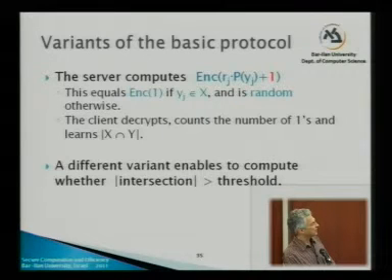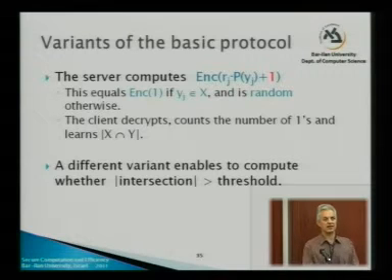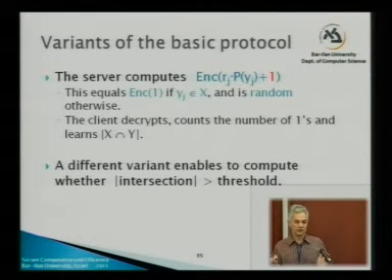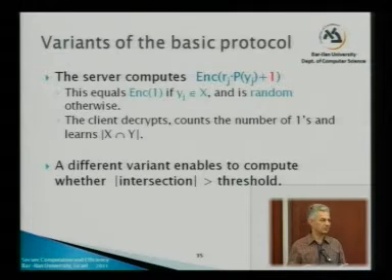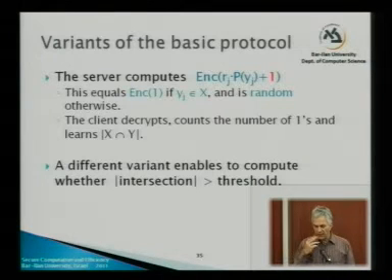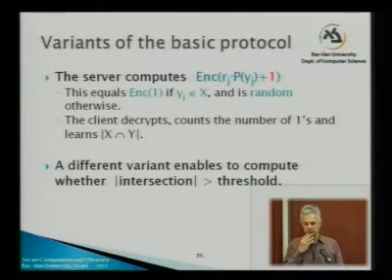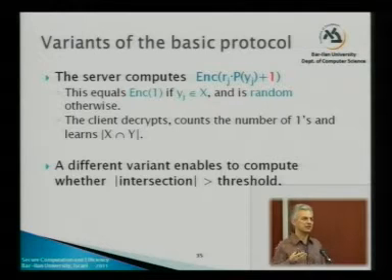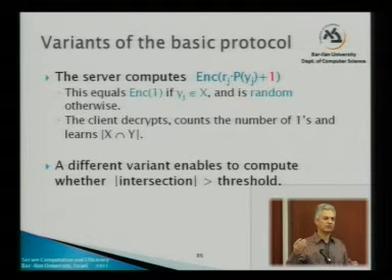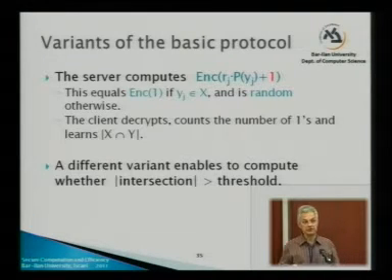You just send rj times p of yj. So for a value which is in the intersection, Alice will receive a 0. If it's not in the intersection, she receives some random value. And there's another variant which enables computing whether the size of the intersection is larger than some threshold. Say Alice and Bob match if they have more than 10 common interests.